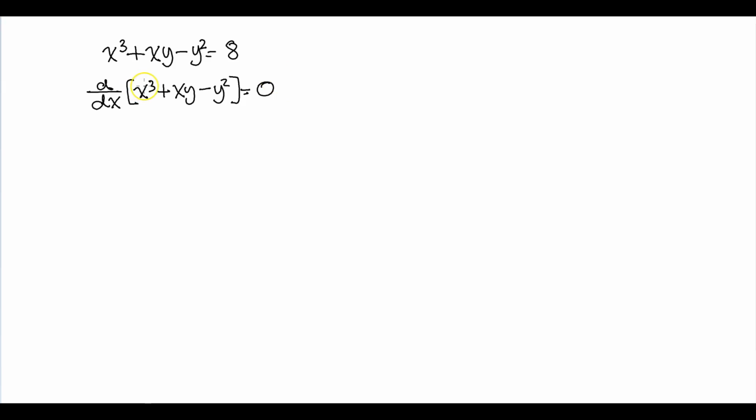Now the variables agree over here. We have x and an x, so we're going to differentiate as normal and use the power rule. 3x squared. Okay? 3x squared plus, well, the derivative of xy is a bit tricky, but if you can see an obvious use of the product rule, then it's not so tricky.